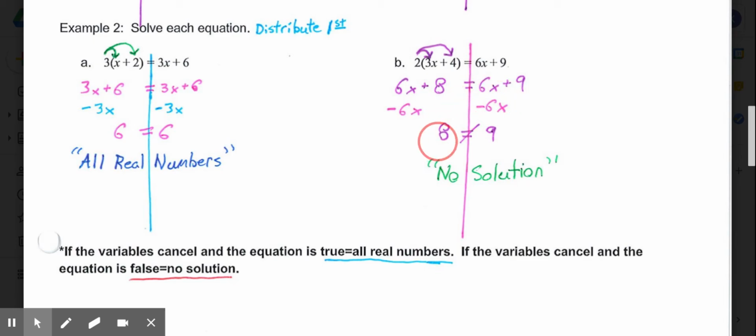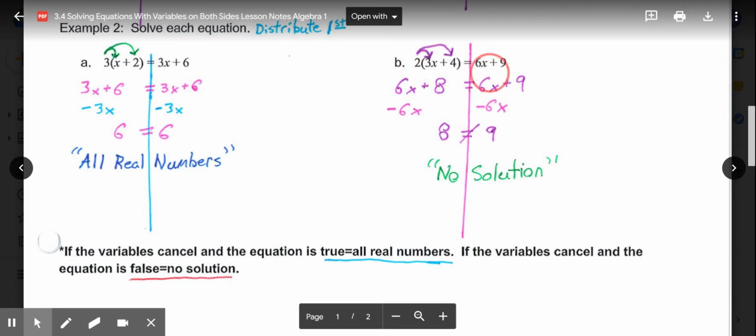So on the left we have 8, on the right we have 9. 8 does not equal 9, so if the variable completely cancels on both sides, and you're left with a number equaling a different number, that tells you there is no solution to that equation above, or no real solution.